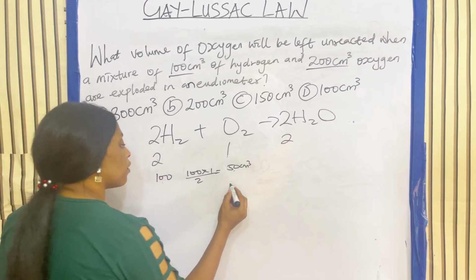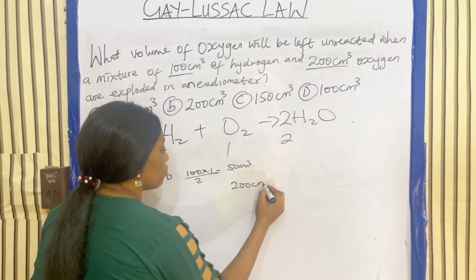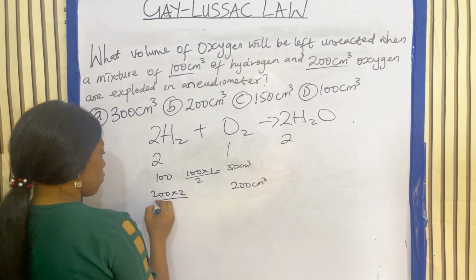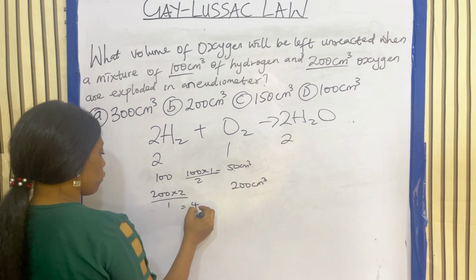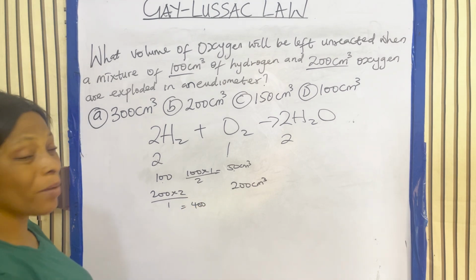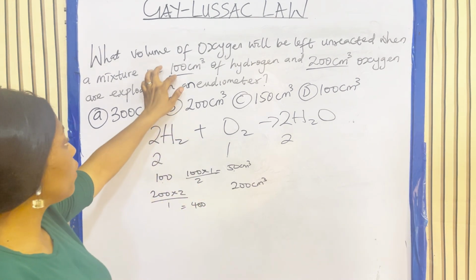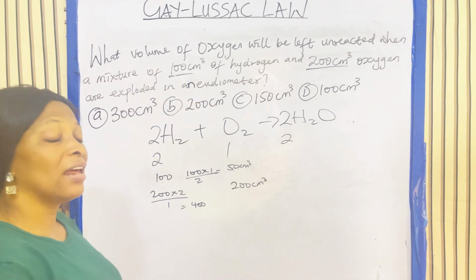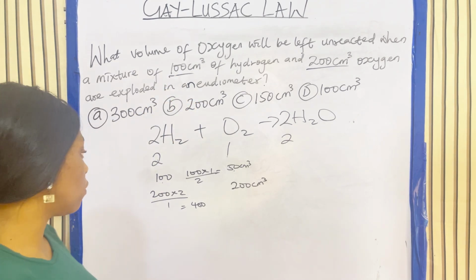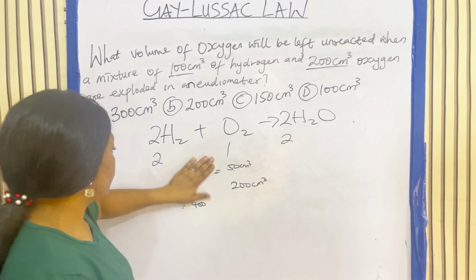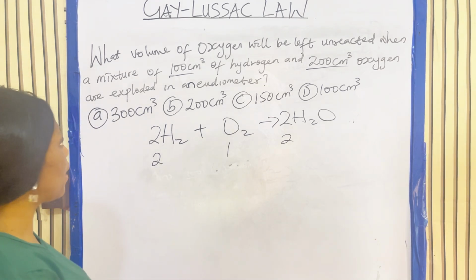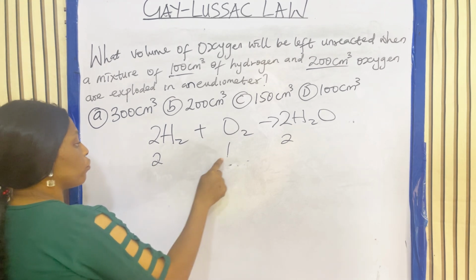Okay. Then again, let's look at 200 cm cube. 200 times 2 divided by 1 will give us what? 400 cm cube. So automatically, 400 cm cube is more than what you were given. Are we together? All right. Then another way you can solve this question is by asking yourself, 2 produced 1.